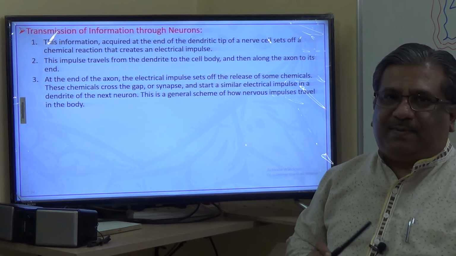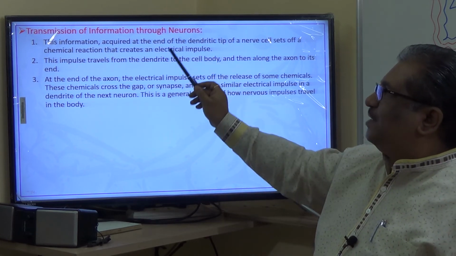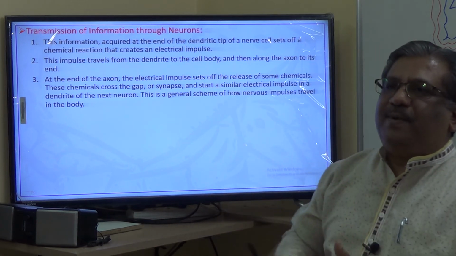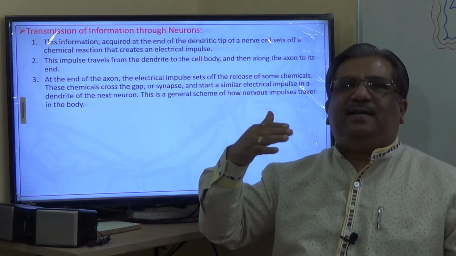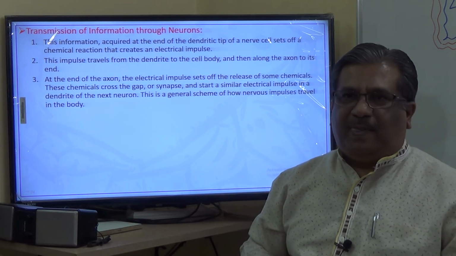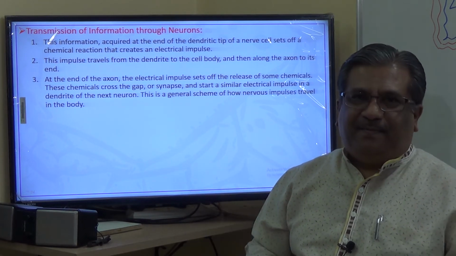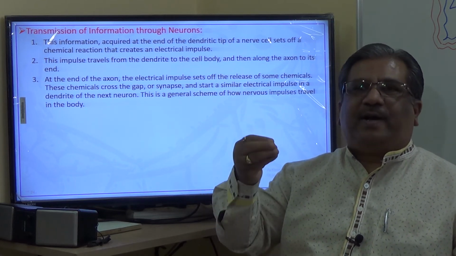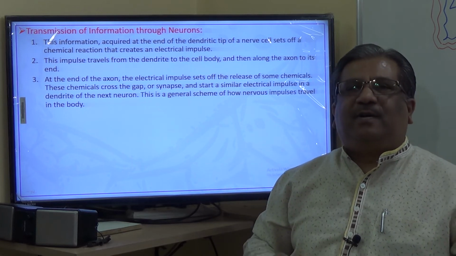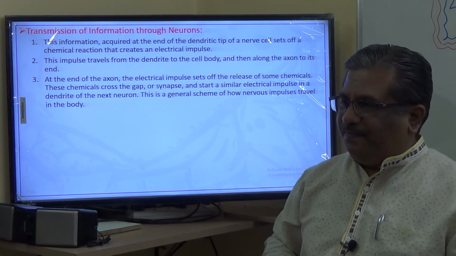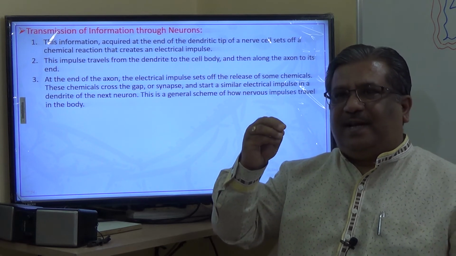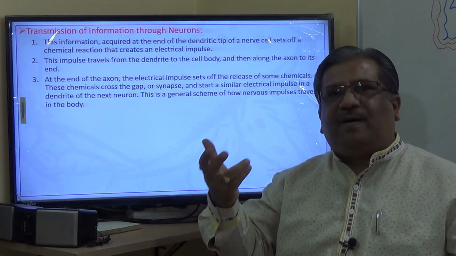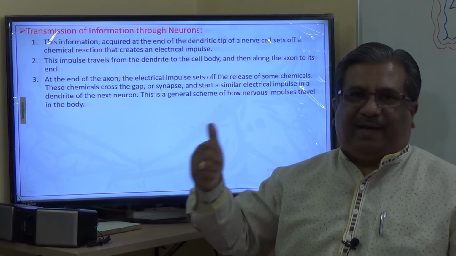Beautifully explained in your textbook how the information is transmitted through nerve cells. In brief, the information that is gathered at the dendritic tip, say for example jasmine smell, the receptors, specialized nerve cells, are located in the nose. What are those called? Olfactory receptors. Those receptors have specialized dendritic tips to gather or sense the smell.